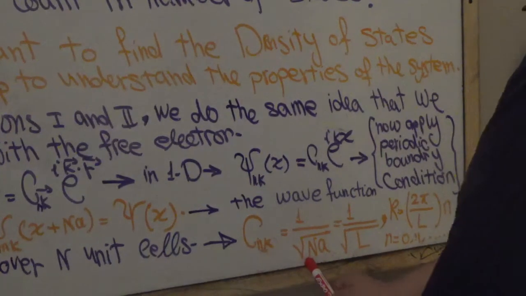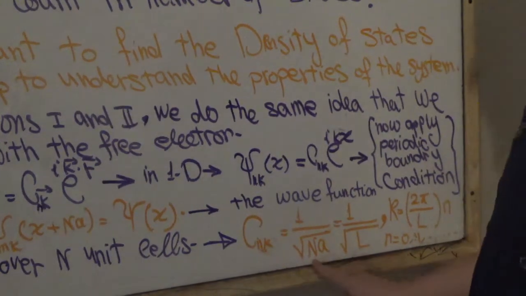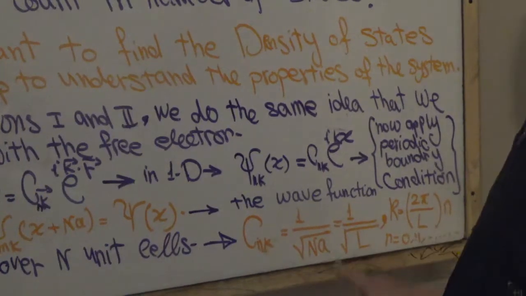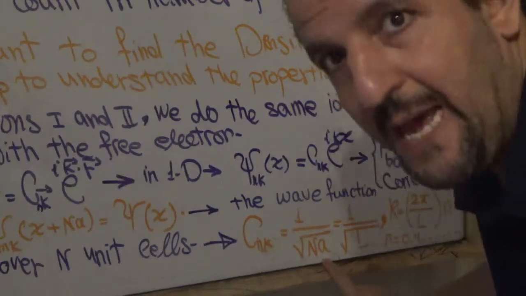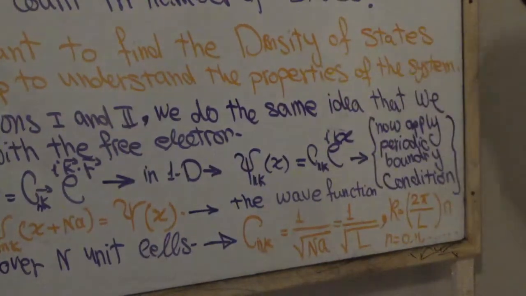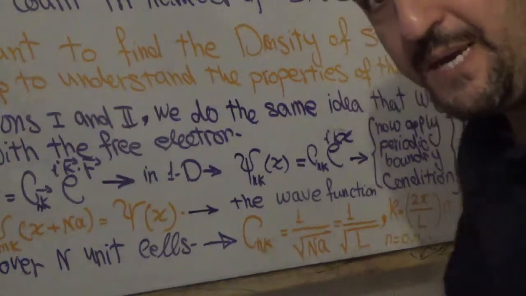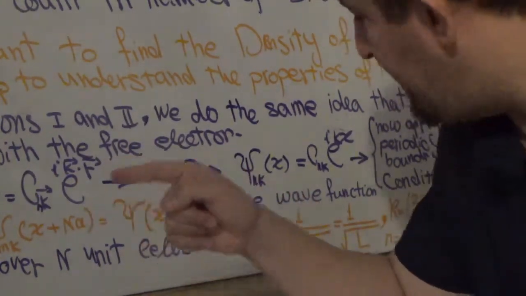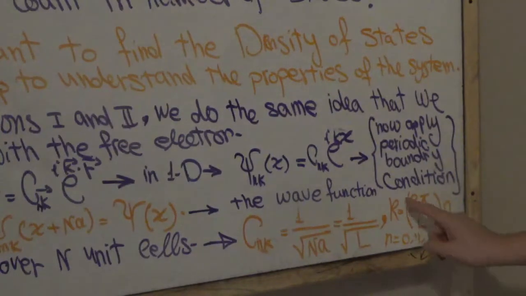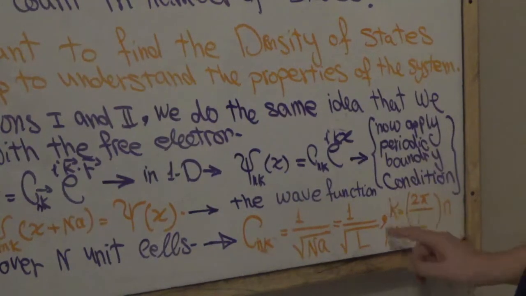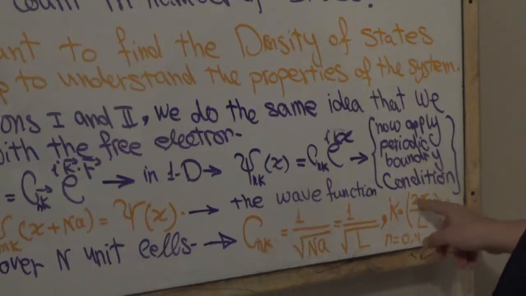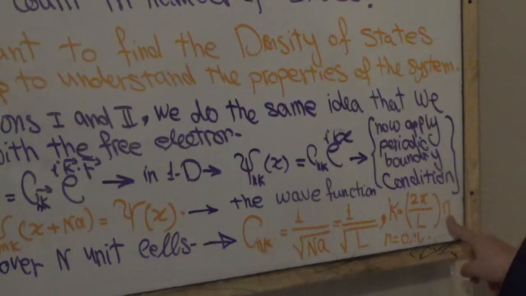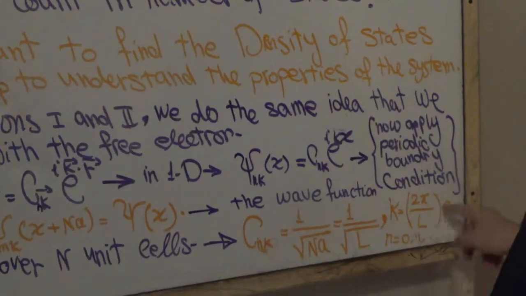This n is the number of unit cells, and this a is the lattice constant. n times a is equal to L, which is the length of this array. And you will see, guys, that k, this wave constant, is equal to 2 pi over L times n. Okay, this is k.